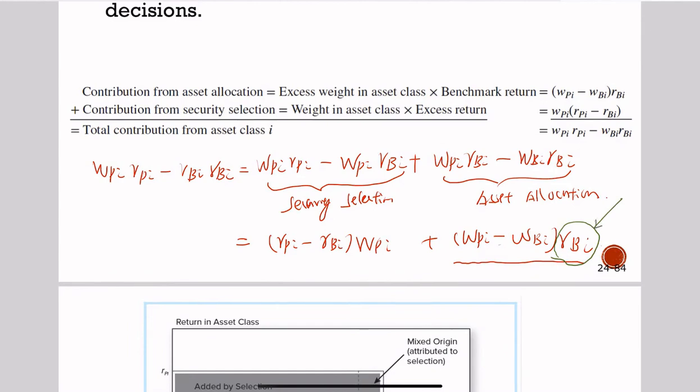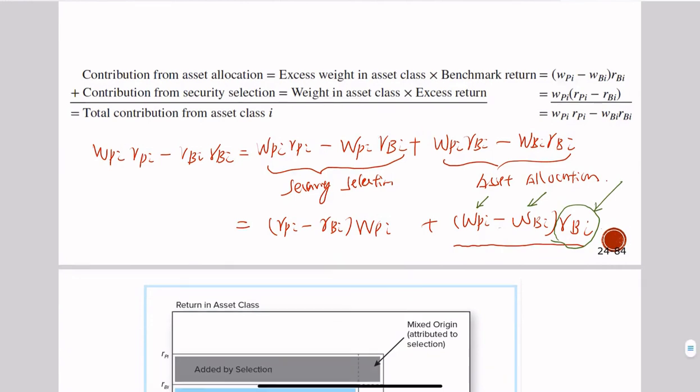The return of asset i is always the return of asset i from the bogey portfolio. What we are changing here is the portfolio weight, right? So basically it says that there is some difference in the portfolio weight in asset class i when we're looking at portfolio P versus when we're looking at the bogey portfolio, right? And this is asset allocation.